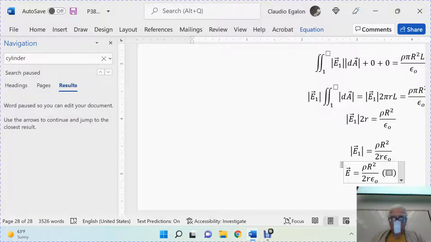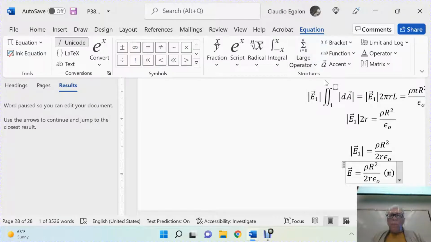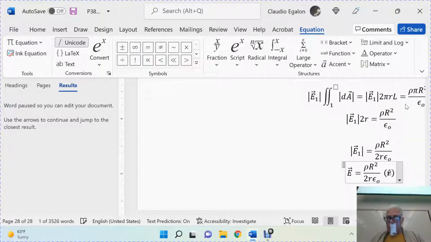Let me see if it's going to put that now. I've got to check why that is. The keystrokes are much quicker than using this pad here.